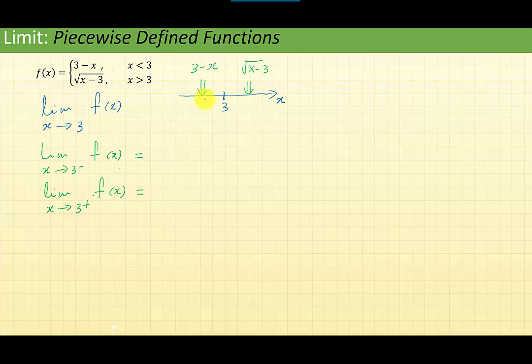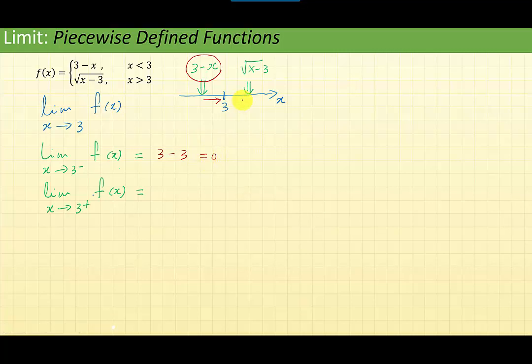Now, as x approaches 3 from the left, your function is given by 3 minus x. So 3 minus x approaches 3 minus 3, which is 0.